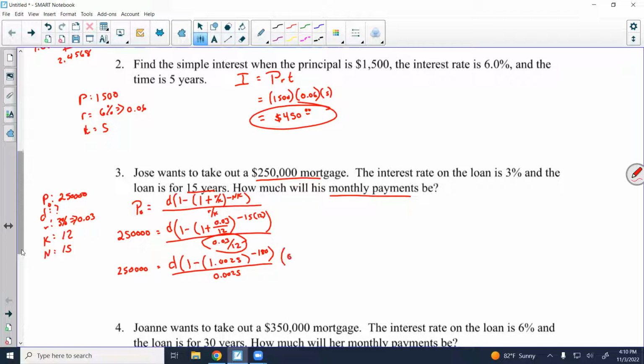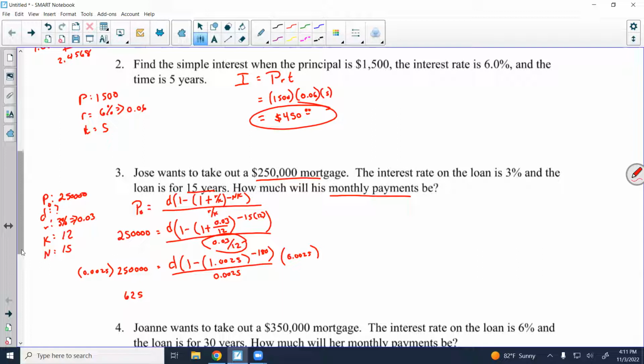If I multiply both sides by 0.0025, I should get, I think it's 625. Maybe I should just do it. 250,000 times 0.0025. Yep, 625.